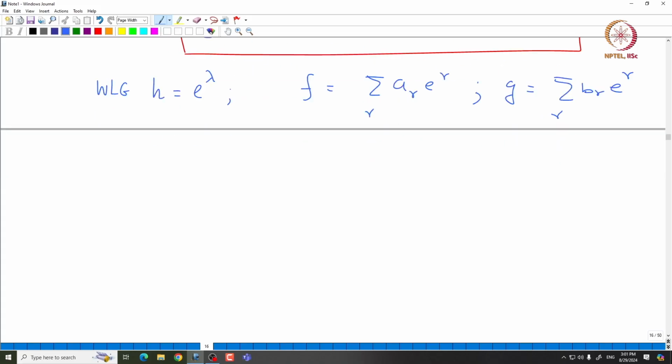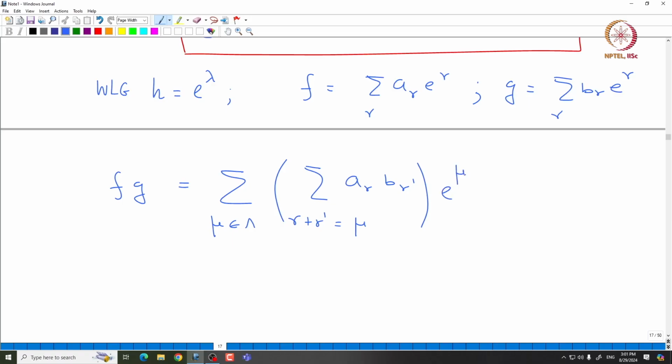Then you can see what FG is. FG is given by the summation over μ of the sum of a_γ b_γ' with γ + γ' equal to μ, times e^μ. So, this is what FG is.